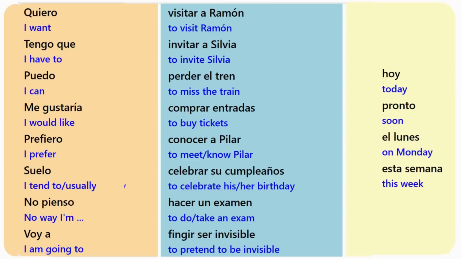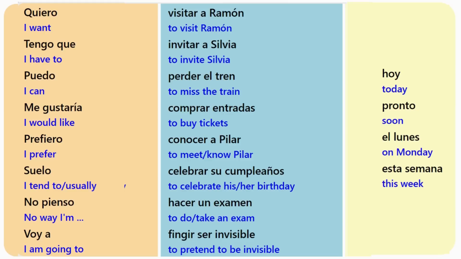If we look at our infinitive verb phrases, so visitar a Ramón, invitar a Silvia, etc. If we want to change any of these from to do something, to visit, to invite, to we do those things, the only thing we have to do is take the last R off the verb, and add mos. And we will have we do these things.